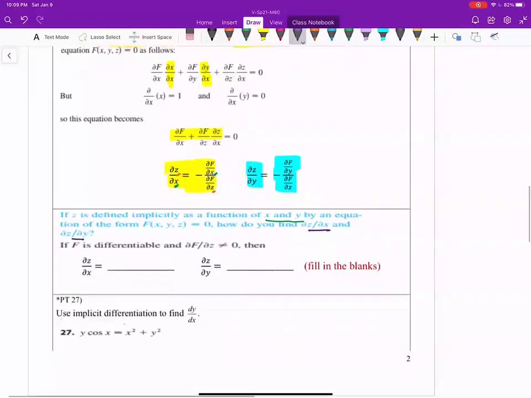We are restating that if F is differentiable and the partial derivative of F with respect to z is not equal to 0, then dou z by dou x, in other words the partial derivative of z with respect to x, is negative partial derivative of F with respect to x divided by partial derivative of F with respect to z.